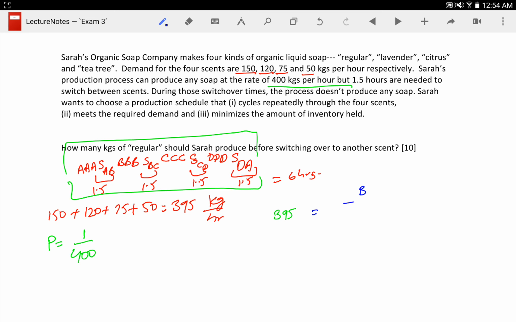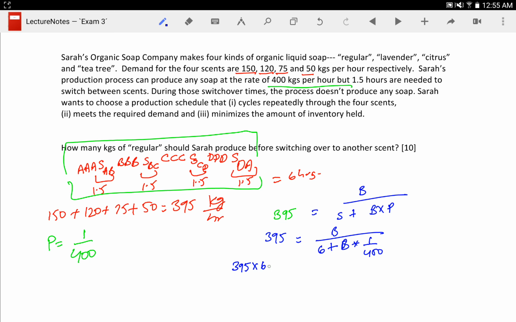We want to find the batch, or the whole cycle if you will, which is the setup plus batch times the processing time. This 395 equals the batch, which is what we are after. The setup is 6 hours plus the batch times the processing time, which is 1 over 400, right?